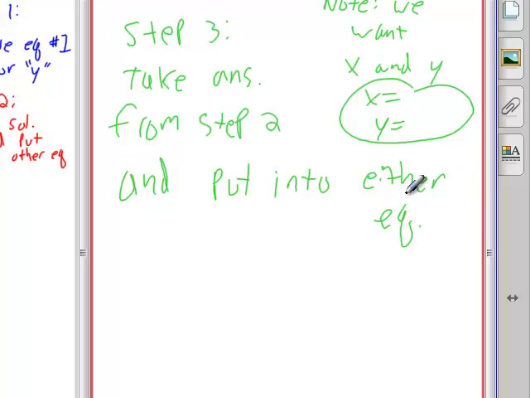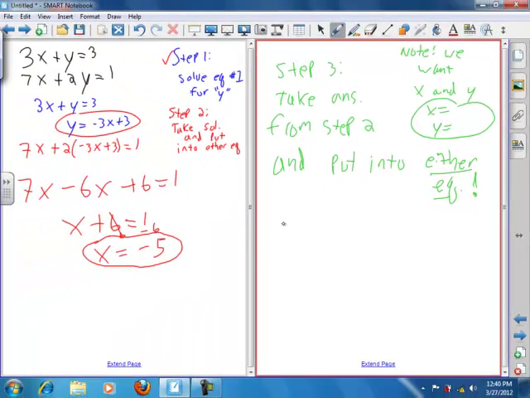So now you choose where you want to put this, into this equation here or into this equation here. The top or bottom? Bottom. Okay, let's go ahead and do that in green.